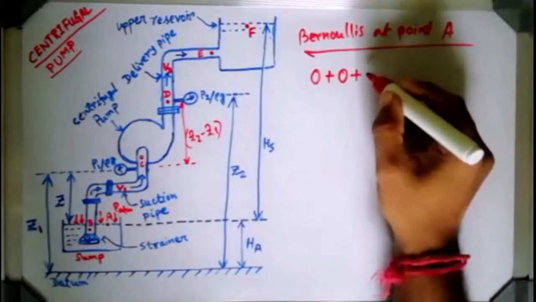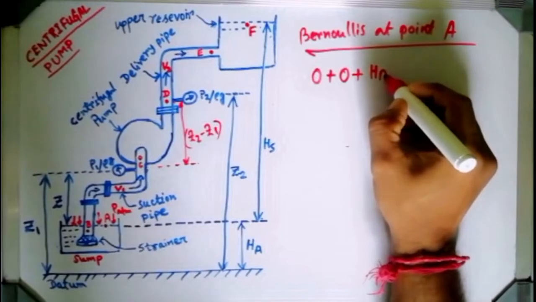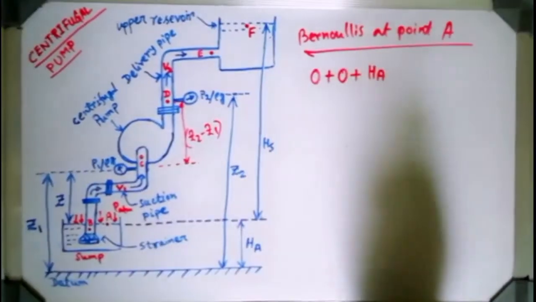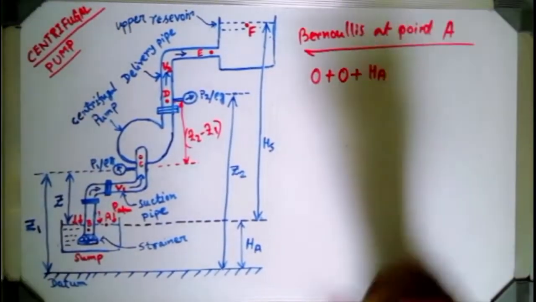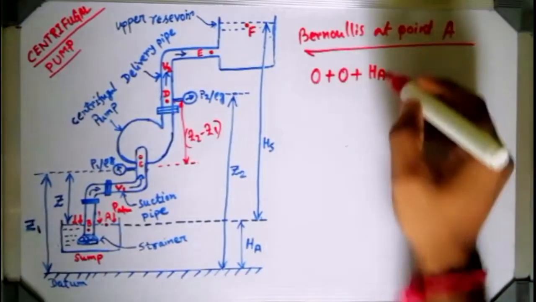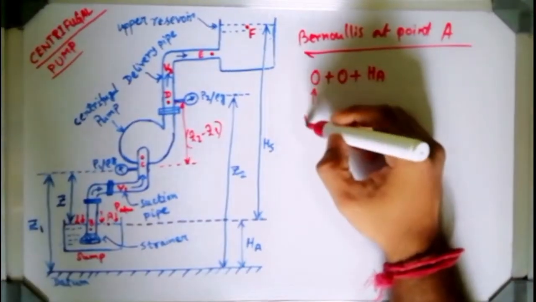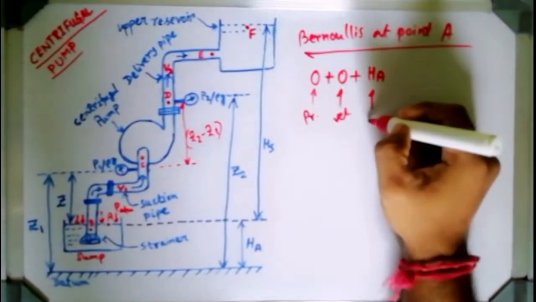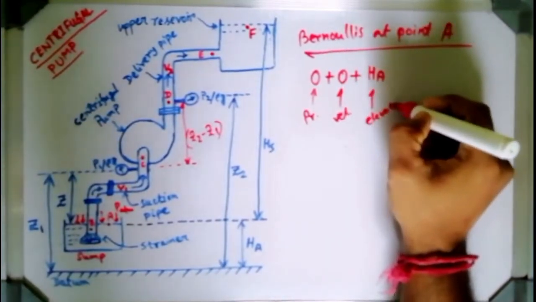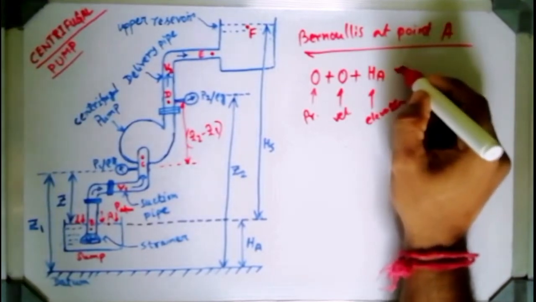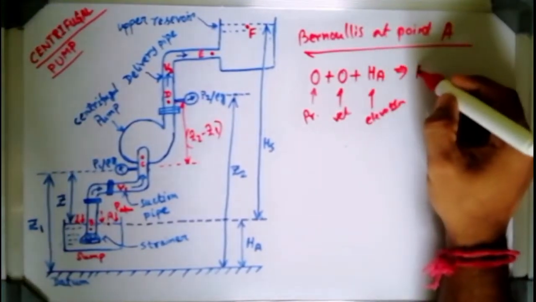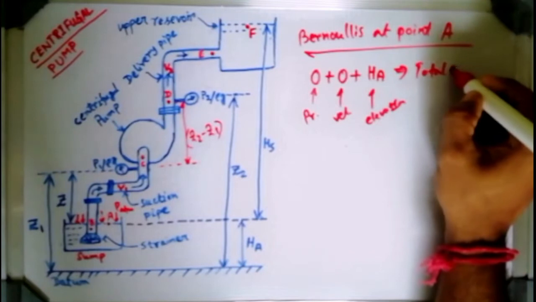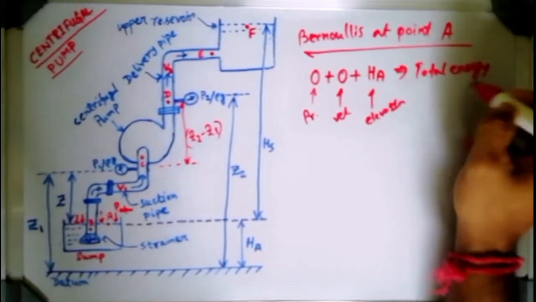This is the potential head, HA, that I have represented here. So this is the Bernoulli's equation at point A: this expression is pressure, this is velocity, and that is elevation. If you sum them, you get the total energy, at A.